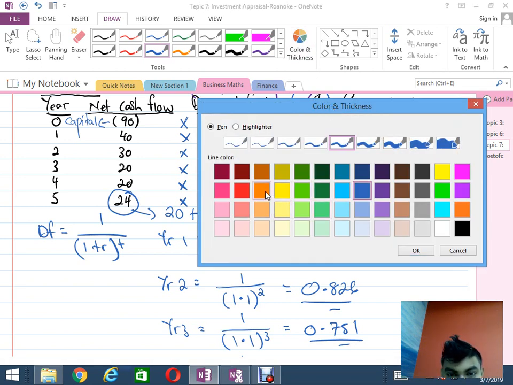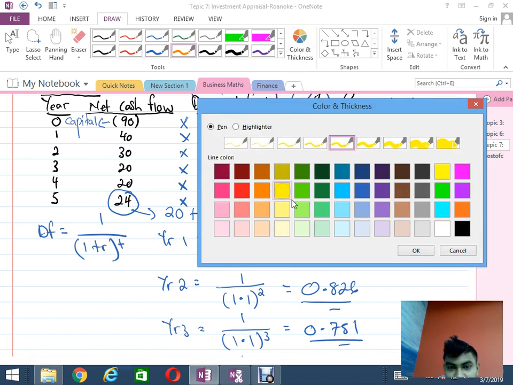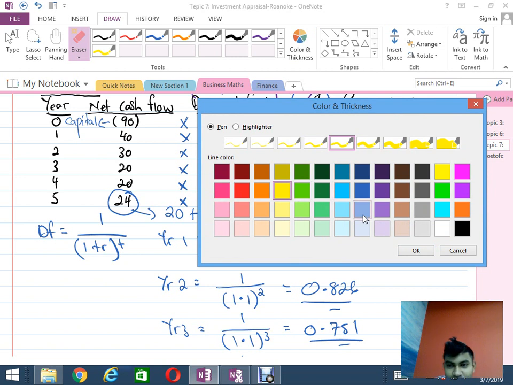What color did you use? Orange. Okay. Yellow. 14.72. What, can't see it. Pink?